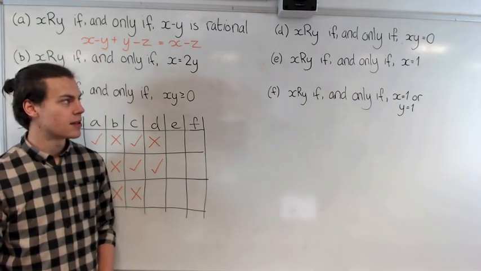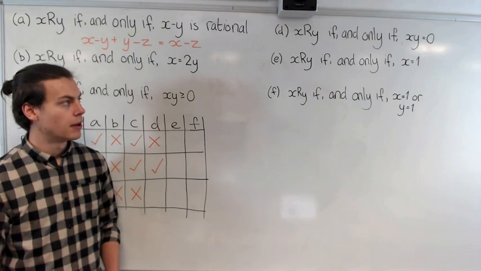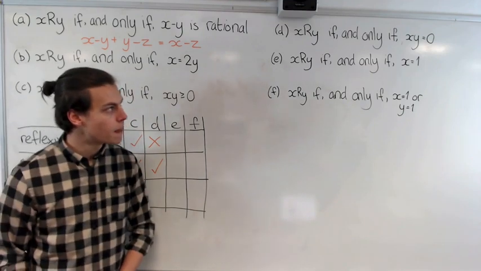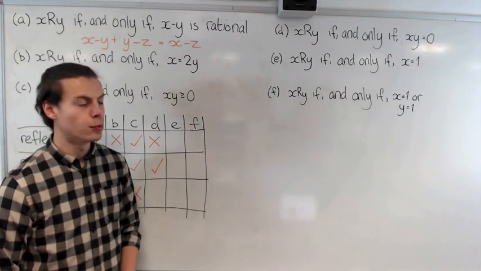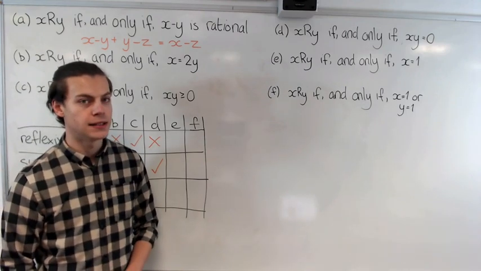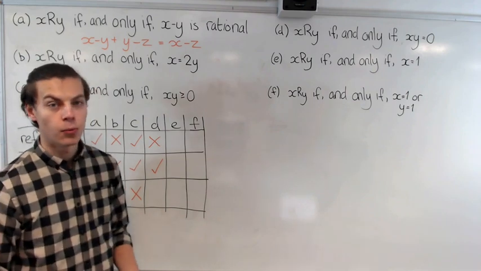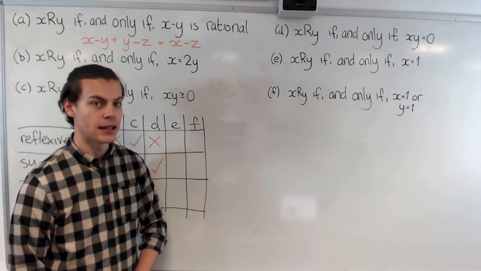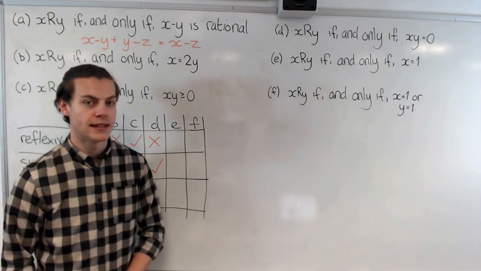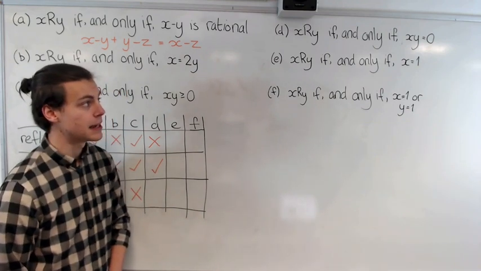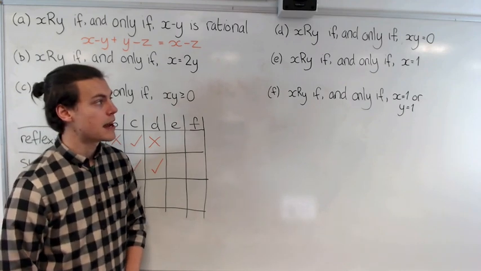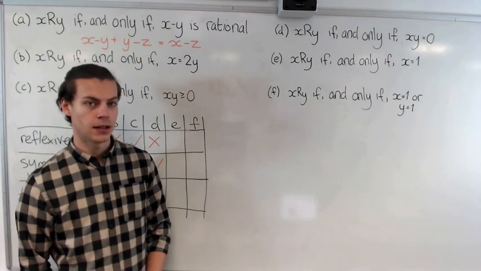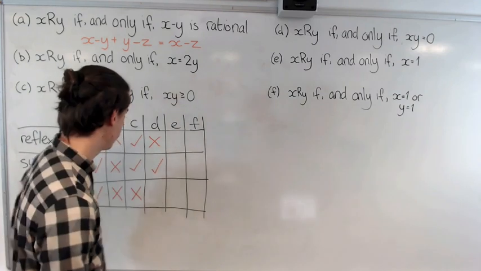And is this relation transitive? Well, no. Using similar reasoning to the previous relation, if we take x to be 1, y to be 0, and z to be 1, then x is related to y, since x times y is 0, and y is related to z, since y times z is 0, but x is not related to z, since x times z is 1. So this is not transitive.